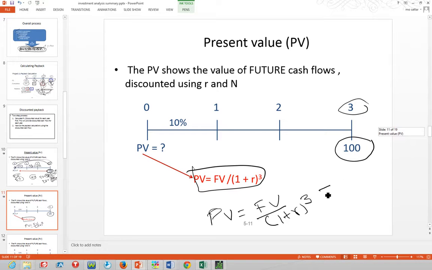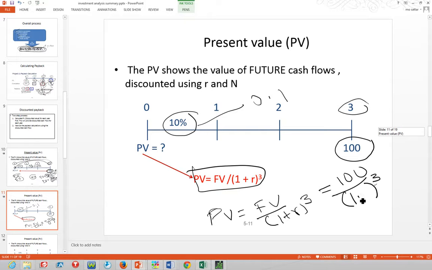So this would be 100 divided by 1 plus R, which is 10%, and 10% basically means 0.1, since percent is 1/100th. So 1 plus 0.1 will be 1.1, and I will raise it to 3. And if I do the calculation, I will get a number.